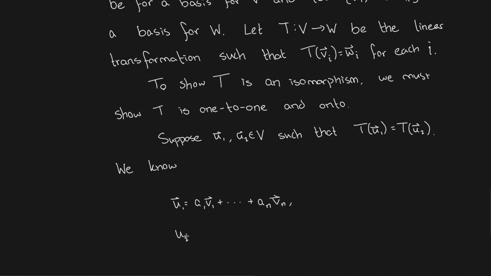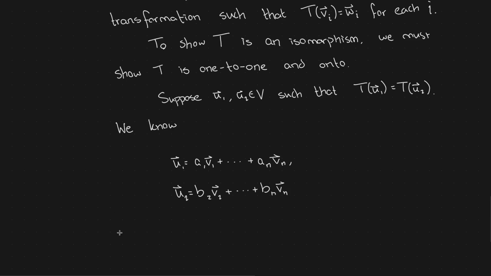And similarly for u2, different coefficients potentially, but we know that any vector in vector space V can be expressed as a linear combination of the basis vectors of vector space V. Actually, let me write for some coefficients.